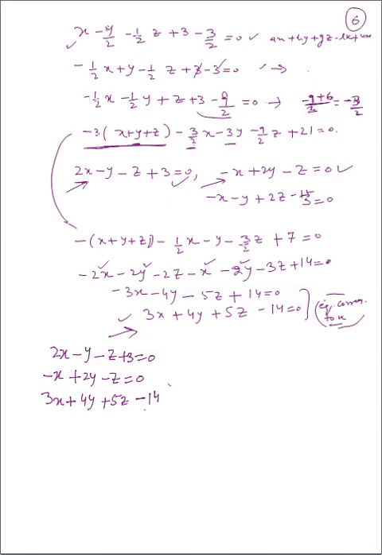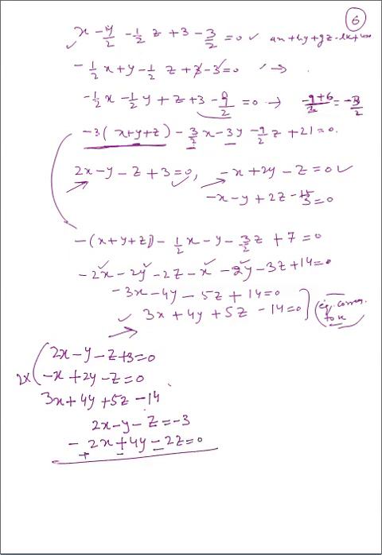So from here we take these two equations, 2x minus y minus z is equal to minus 3. We multiply the other equation by 2, so minus 2x plus 4y minus 2z is equal to 0.